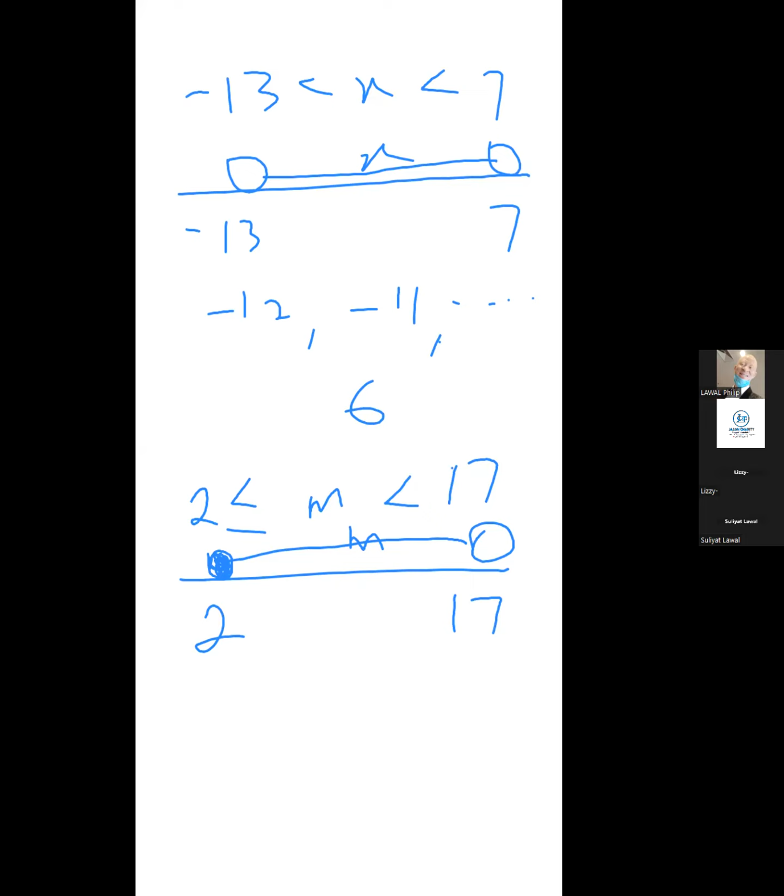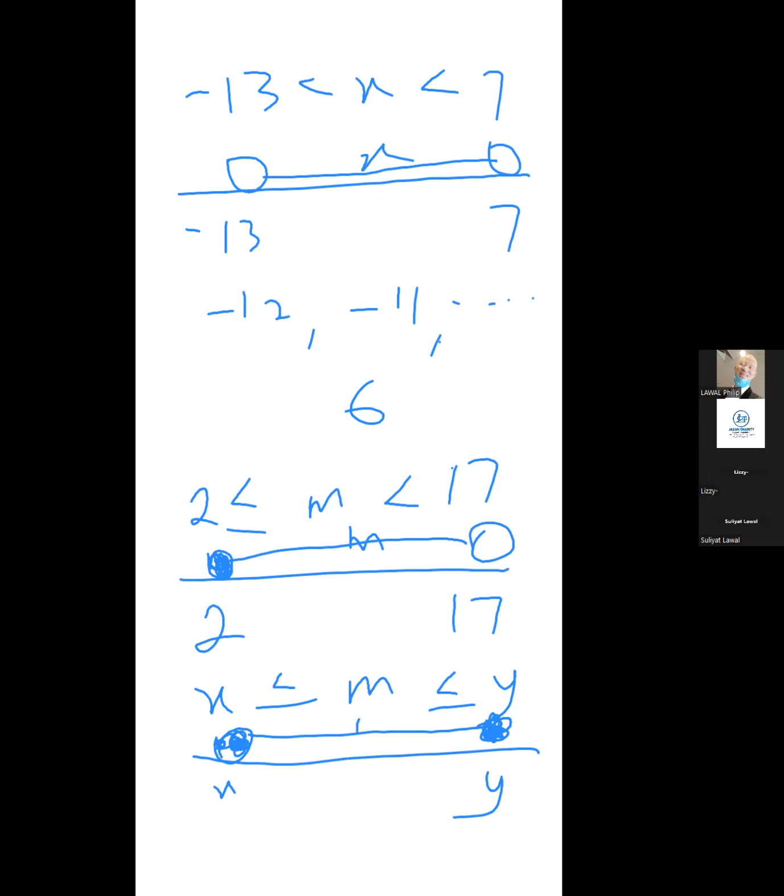So I can have something like x is less than or equal to m, less than or equal to y, where x and y are numbers. I'll put my x here and my y here. Then I'll shade this because it's less than or equal to. Then I'll extend this to y and shade too, because both sides have less than or equal to. Then m is a number in between.